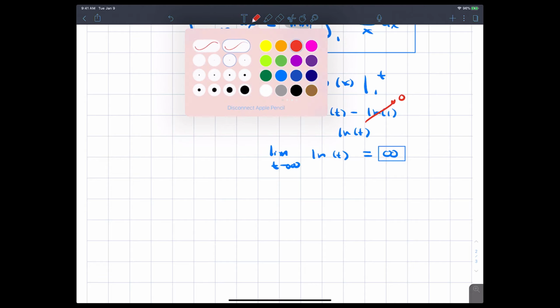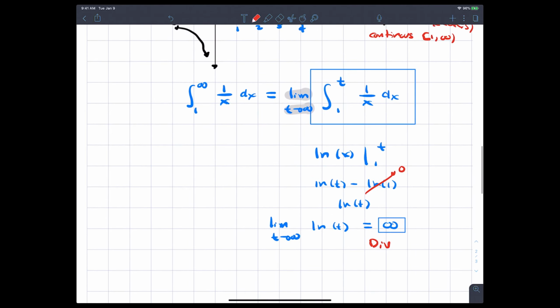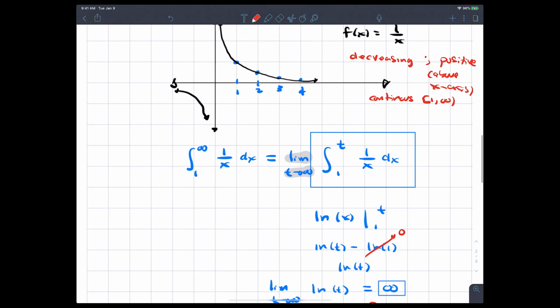So we have a divergent situation here. This means that this improper integral diverges, and this is why we actually use the language, ladies and gentlemen, when you studied improper integrals, of divergence and convergence, because it's related to this integral test and related to what happens with series.